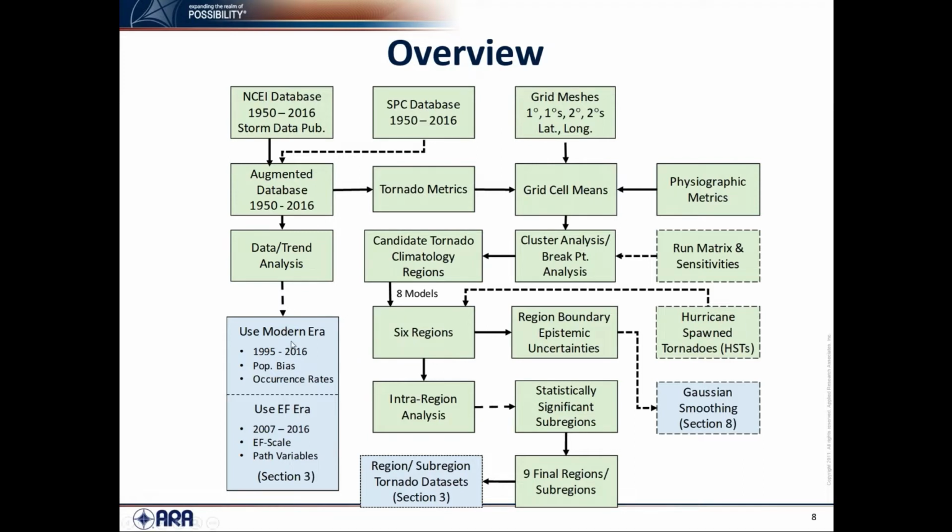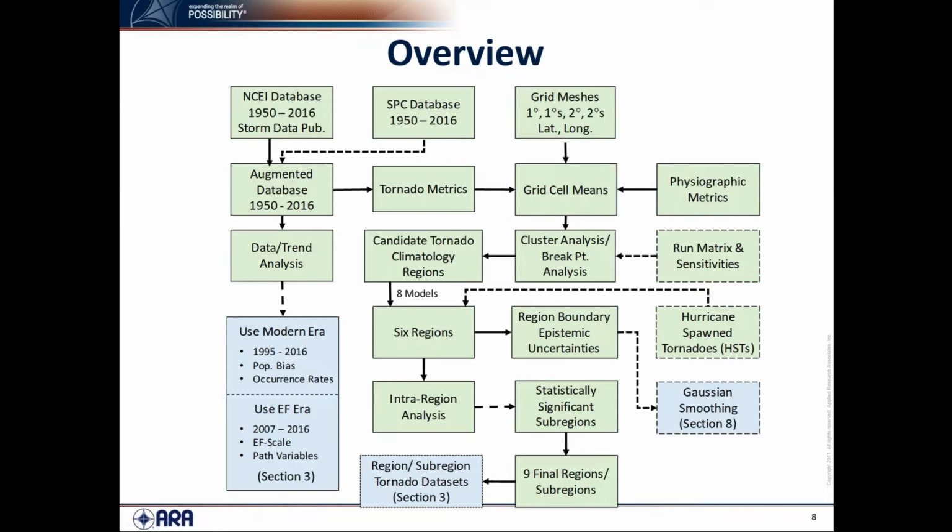For different parts of the analysis, we sometimes used different sub-data sets. Of course, the entire data set runs from 1950 through 2016. That's where we were in the project when we put a stop on ingesting new data.